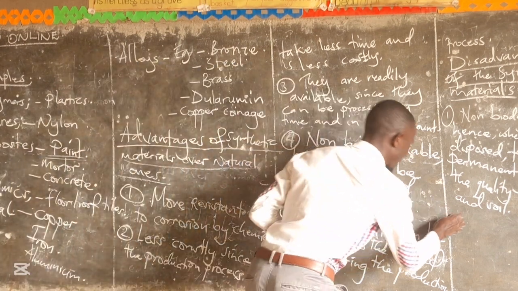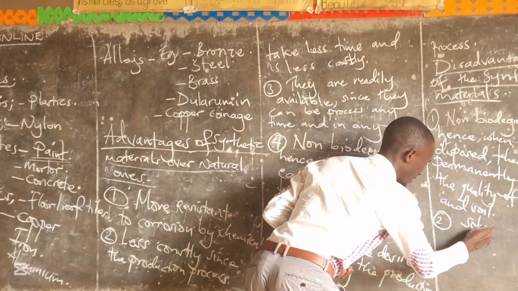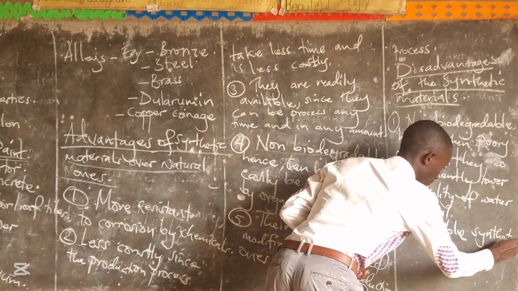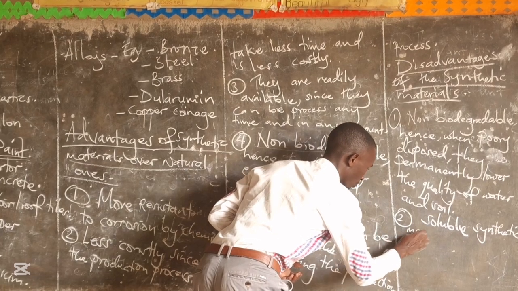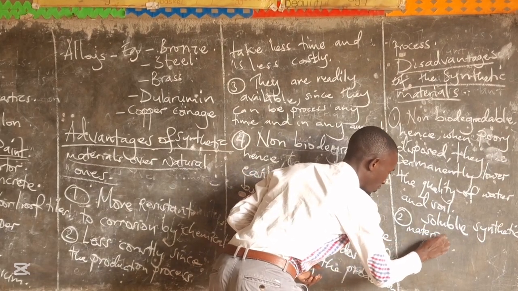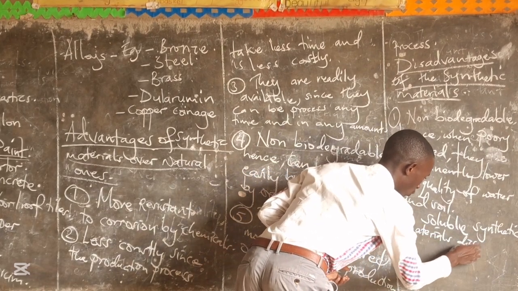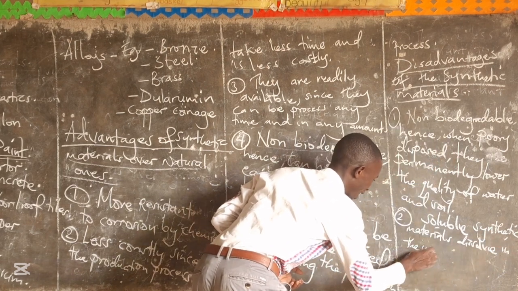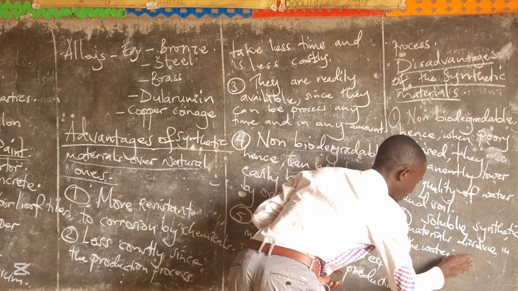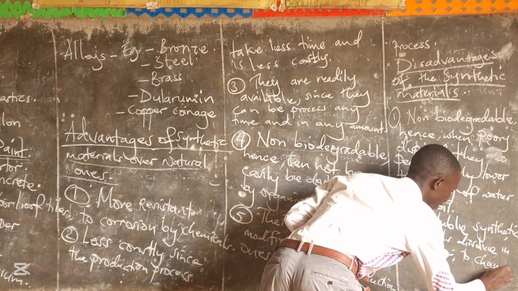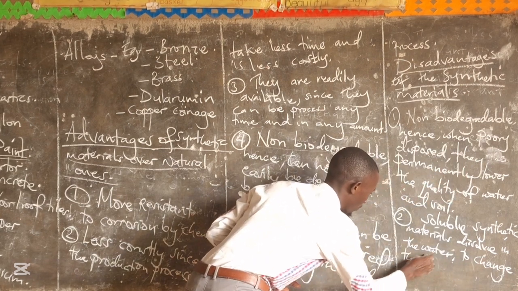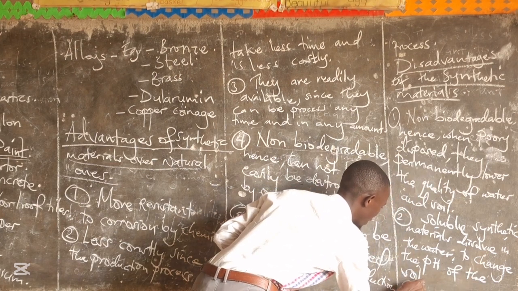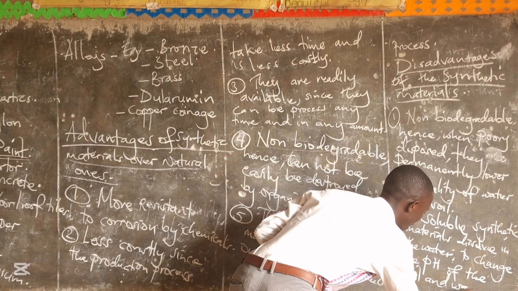So the soluble synthetic materials dissolve in the water to change the pH of the soil and the water.